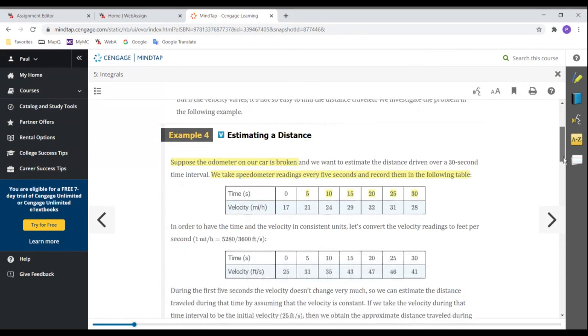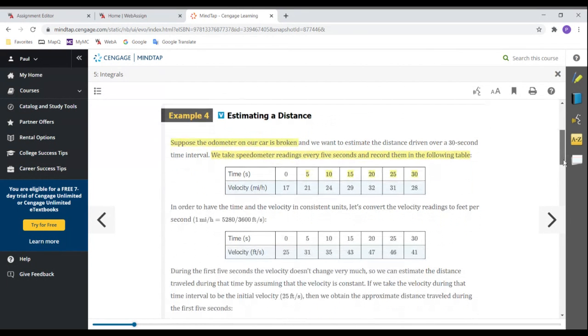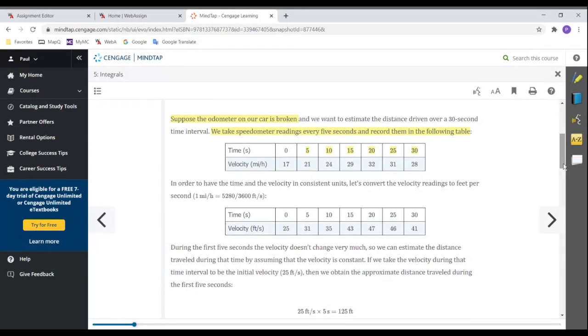Then they say, in order to have time and velocity in consistent units, let's convert velocity readings to feet per second. So at starting time, your velocity is 25 feet per second, and after 5 seconds, your velocity increases to 31 feet per second, and so forth.